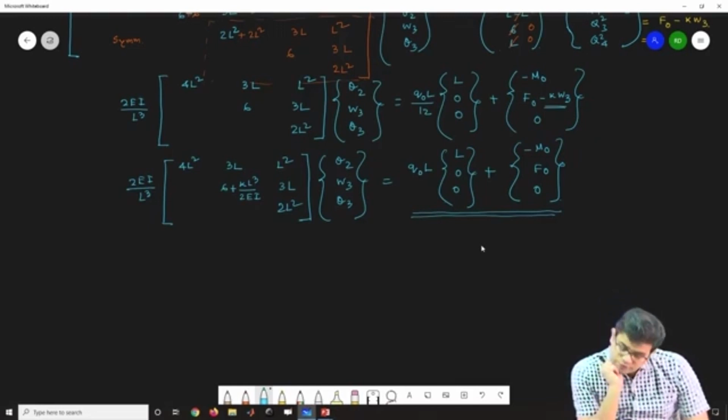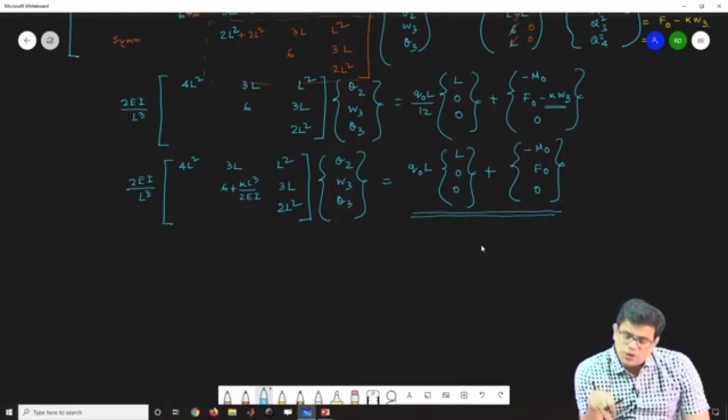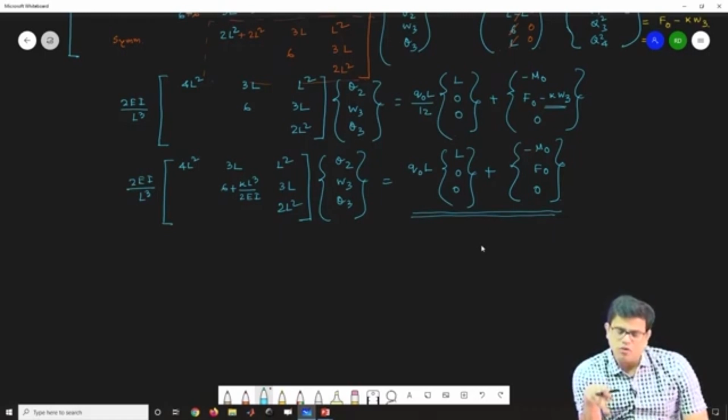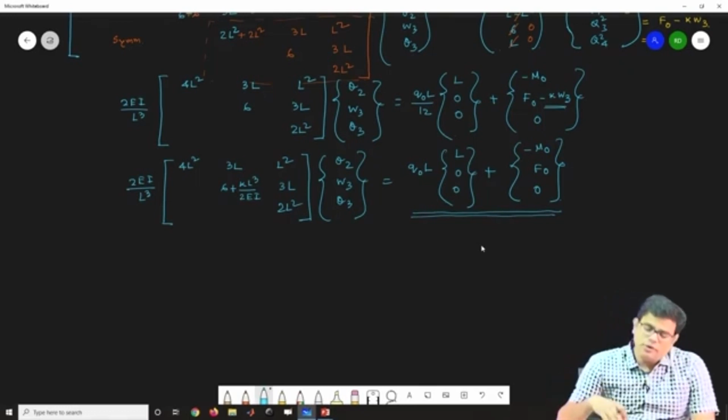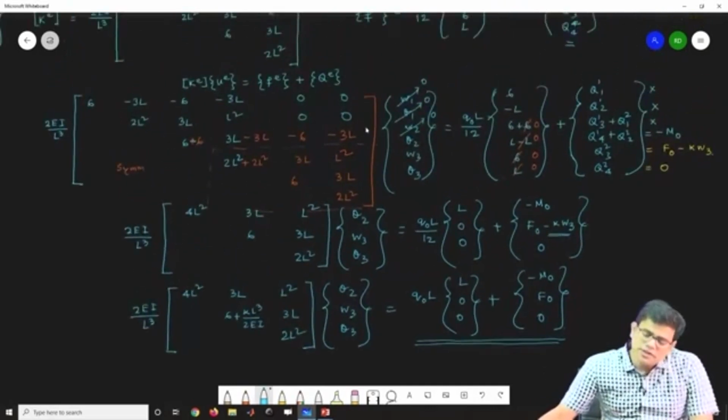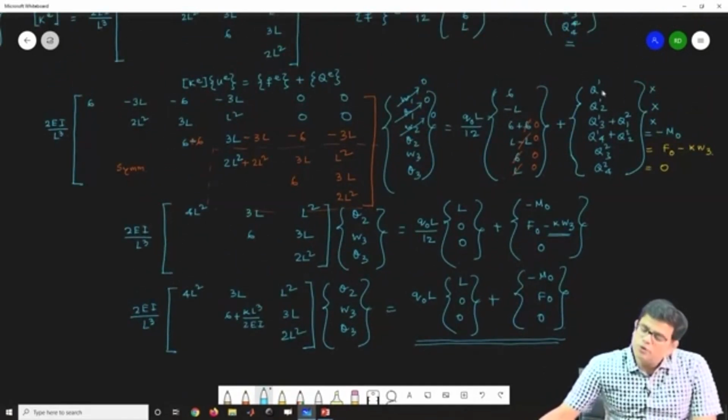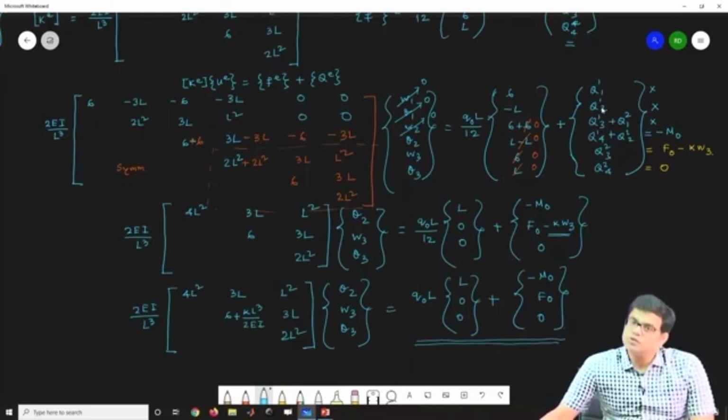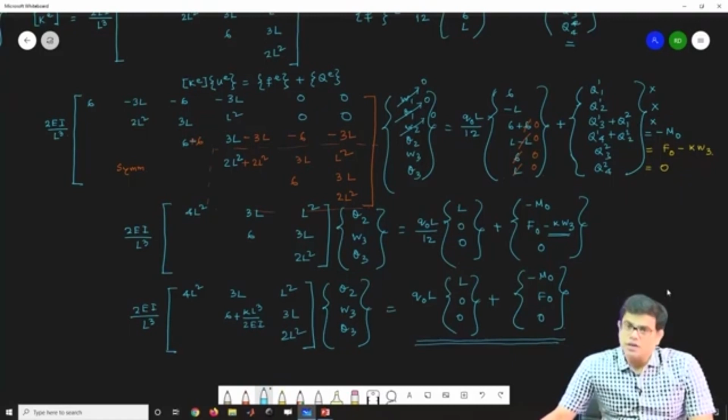Now once you know these solutions, that is theta 1, theta 2, W3, theta 3, then what you can do is substitute these into this equation to compute these three reactive forces, which you can do because that's what we did for structural analysis.